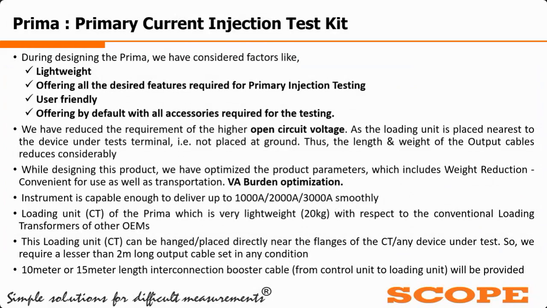For that, we need to place the loading unit nearer to the device under test, and after placing the loading unit, we require only 2 meters of copper cable for the connection to any device under test. If we consider CT testing, we place our loading unit at the top of the CT tank, and by copper cable we connect one point directly to the CT P1 side, and another point to the CT P2 point.